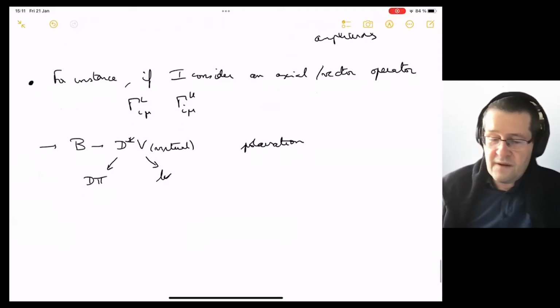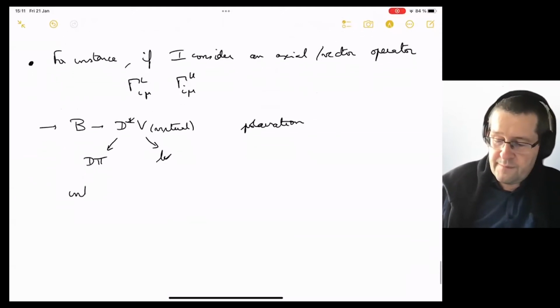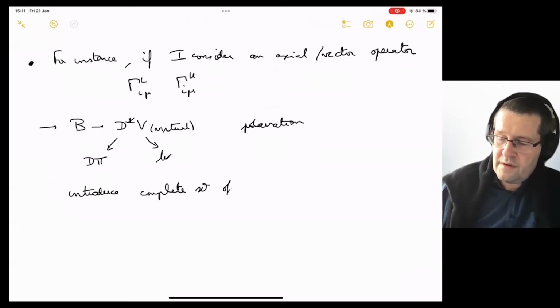And then you can say, okay, I will introduce a complete set of polarization vectors.